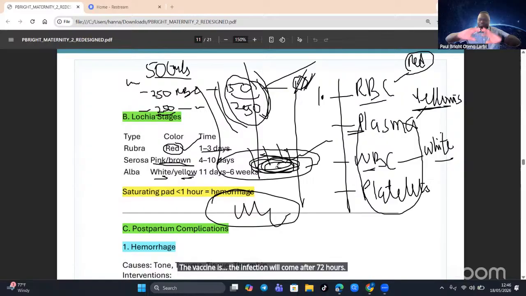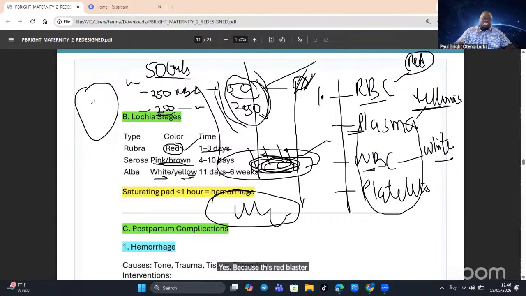We are dealing with blood products, a combination of all the blood products. Yes, because the red blood cells carry the hemoglobin, and this hemoglobin has iron on it, which helps it to carry what? Oxygen.